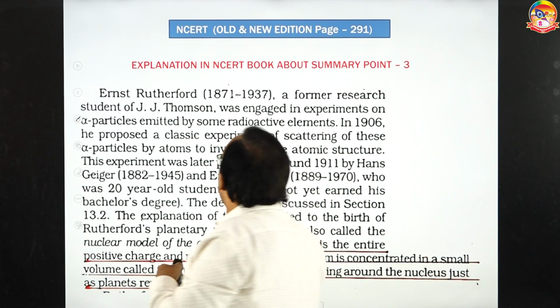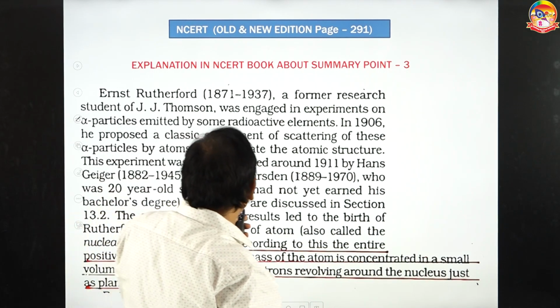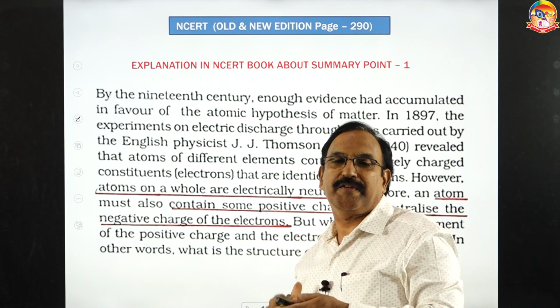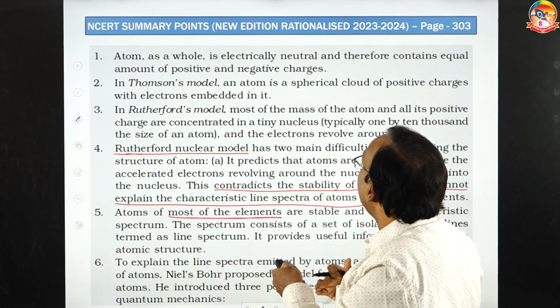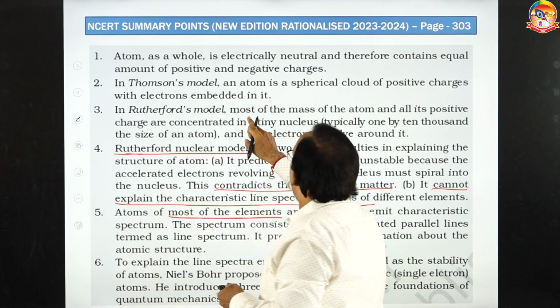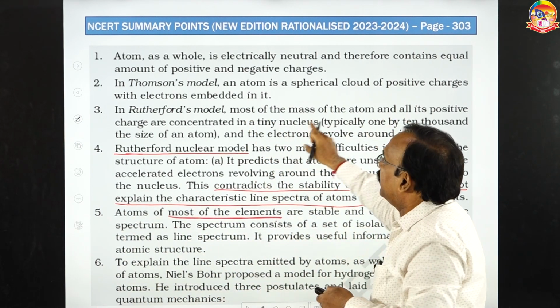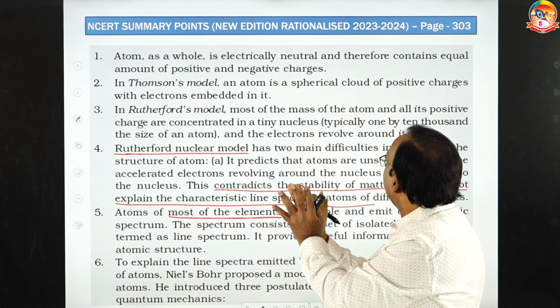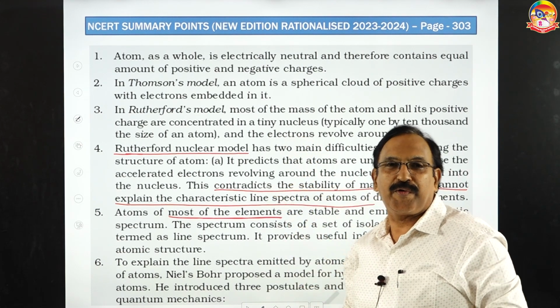Now comes the point that is relevant to this particular question. Summary point 3, Rutherford's model: most of the mass of the atom and the complete positive charge is concentrated in a tiny nucleus, and electrons revolve around it.